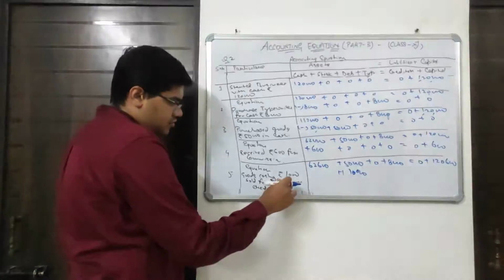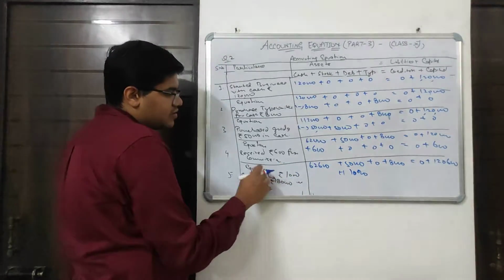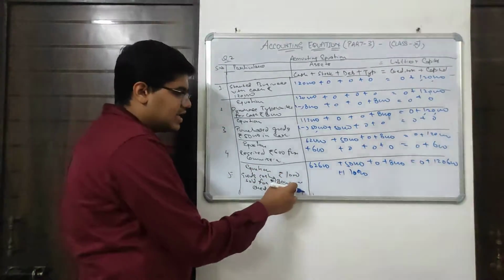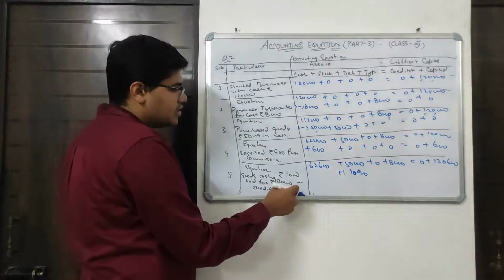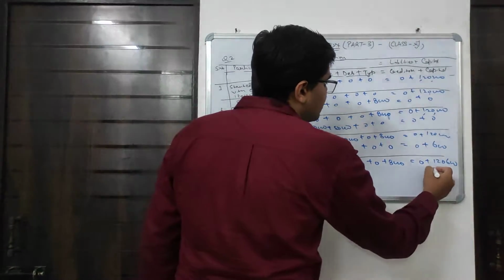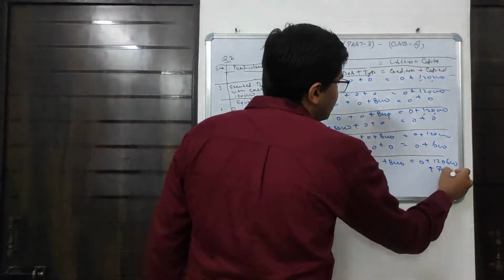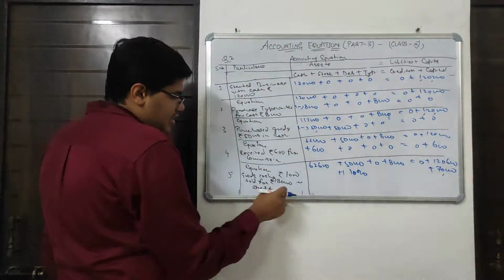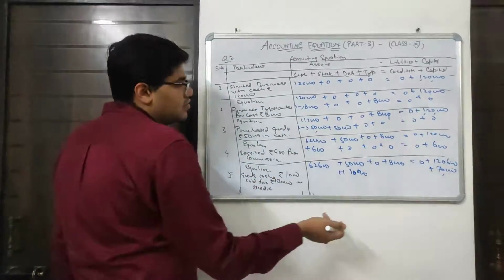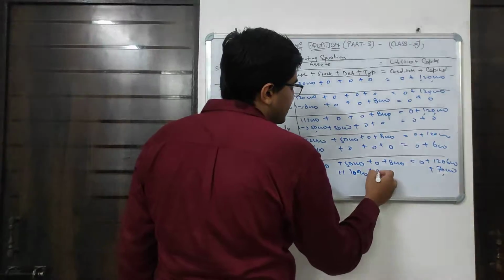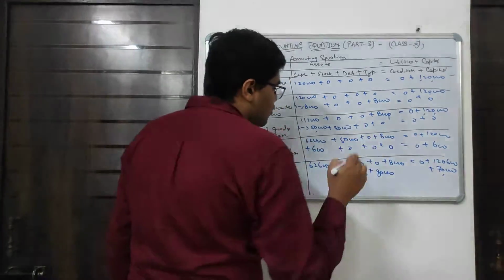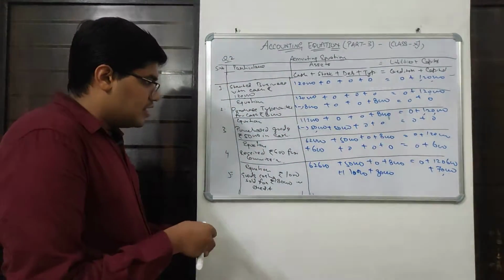Now what is the profit? The cost price of the goods is 10,000. We are selling it at 80,000. What is the profit? 70,000 profit. So 70,000 profit will be added in the capital, and 80,000 will be added in debtor. Hope it is clear to you.